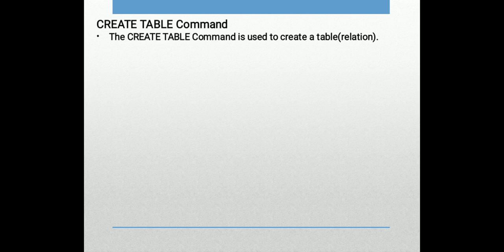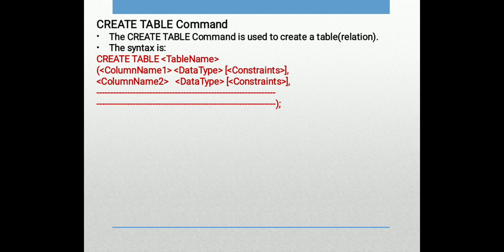In DBMS or SQL, a table means a relation, and the syntax for creating a table is: create table, table name, bracket open, then column name 1, data type, constraint, comma, then column name 2, the data type of column name 2 and constraints, etc., up to column name n.